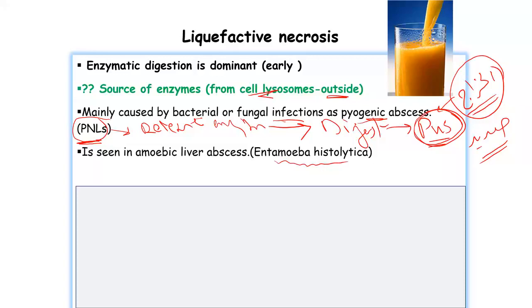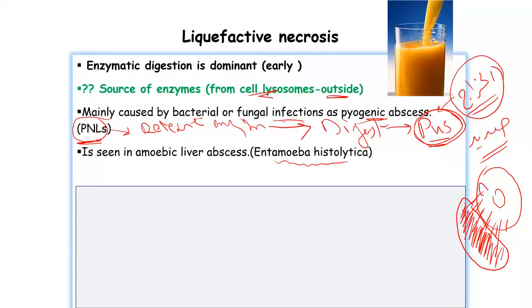Amoebic liver abscess is another example of liquefactive necrosis, but in this condition the enzymes come from a protozoan called Entamoeba histolytica. This is a parasite protozoan, and Entamoeba histolytica has the ability to secrete a lot of lysosomal or digestive enzymes.